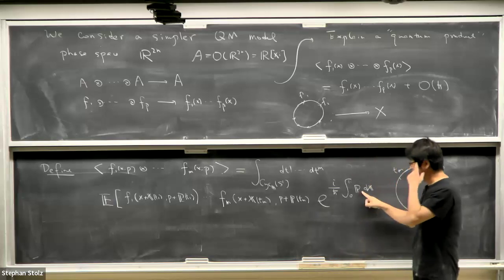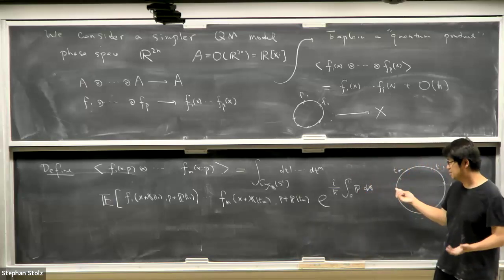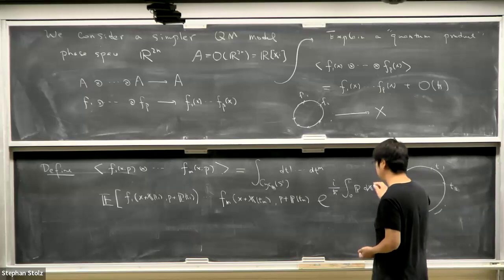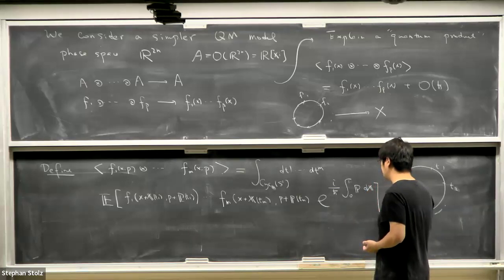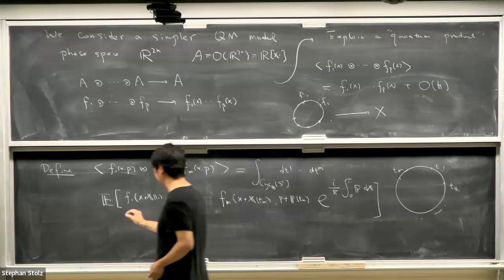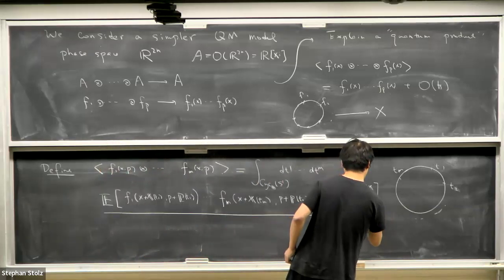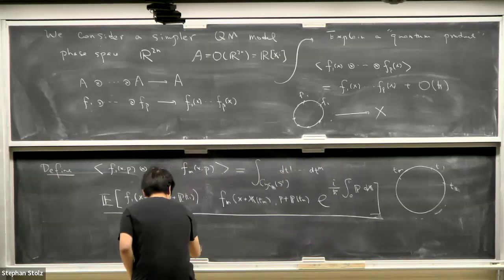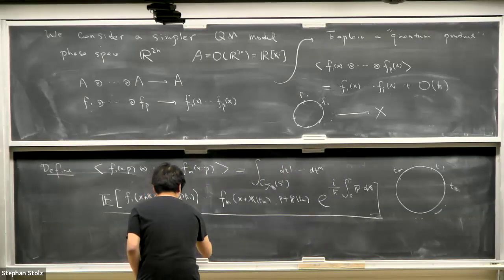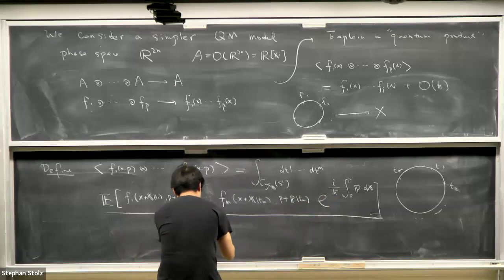And there should also be i here. Let's take the sum of i's. Let me be a little bit sloppy. And compare this expectation value and divide it by the expectation of the weight.